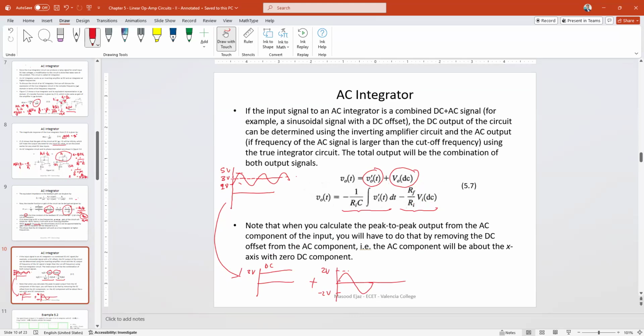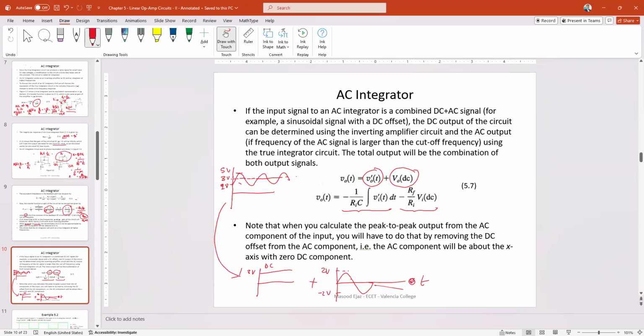And the AC component, remember, the AC component is about the time axis, which is basically the zero DC component. So for the AC component, you're just going to use the true integrator to calculate the output of the AC integrator. Integrate the sinusoidal waveform.